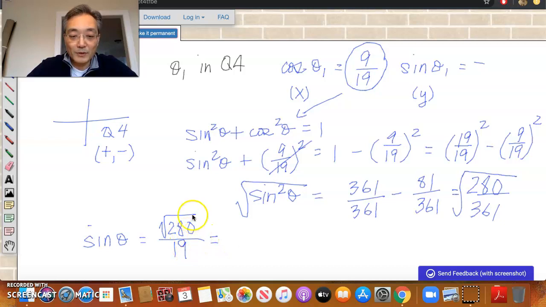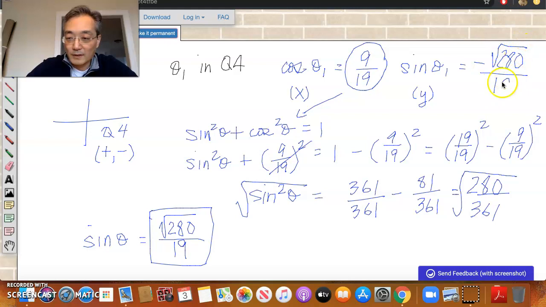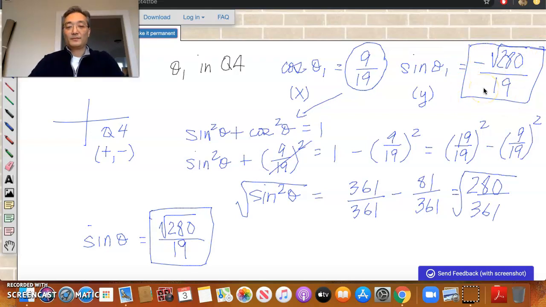So if I wanted to, I could just write this as my final answer, and I think I'm going to do that. So let me just erase this, and I'm just going to box this and keep this as my final answer. But remember, it's negative here. So it's going to be negative square root of 280 all over 19. And I think I'm going to express that as my final answer.